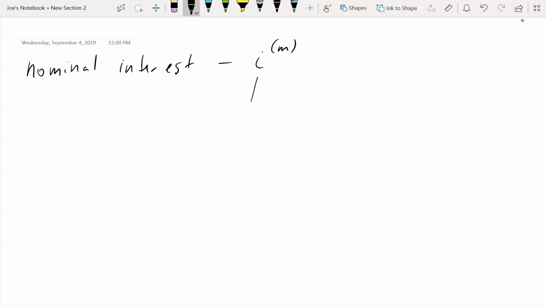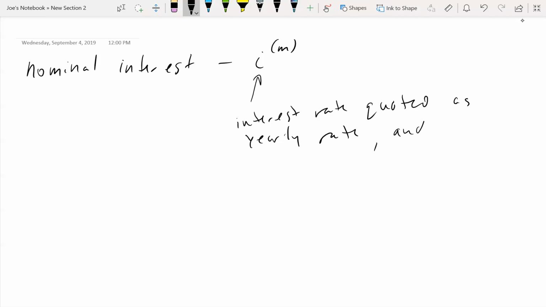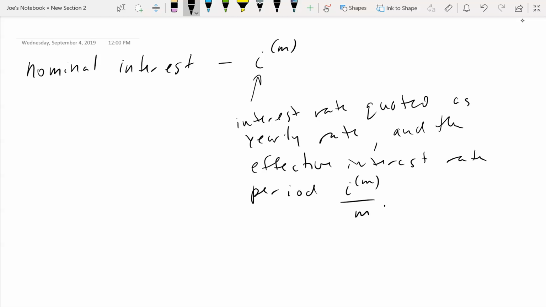The interest rate is typically quoted as a yearly rate, but the fact that it's nominal tells you that you're going to be compounding the interest m times per year. The effective interest rate per period will be i^(m) divided by m.